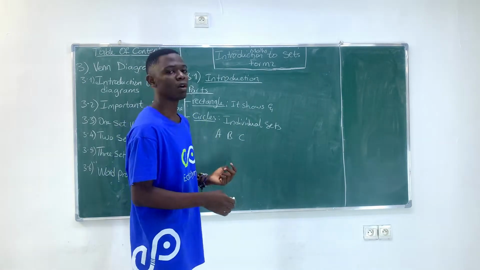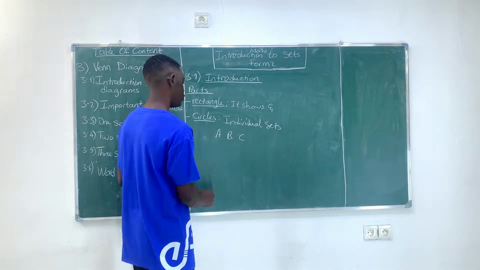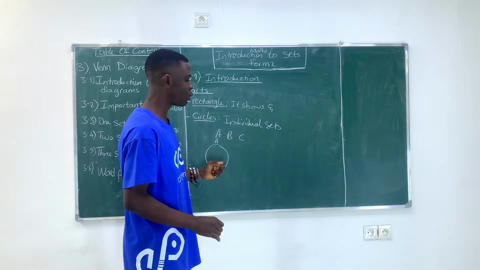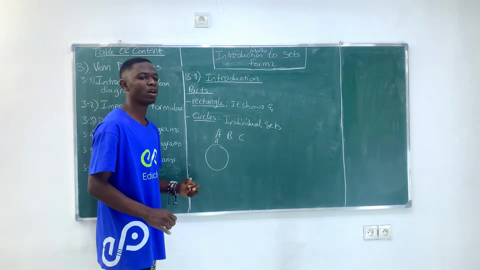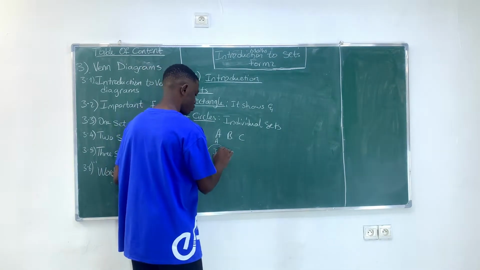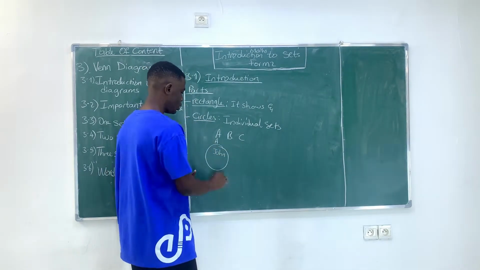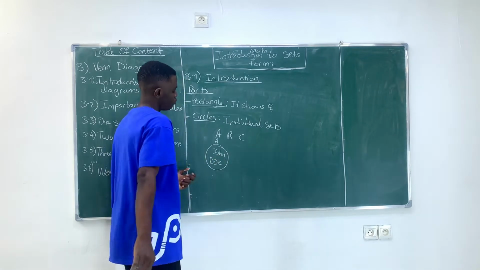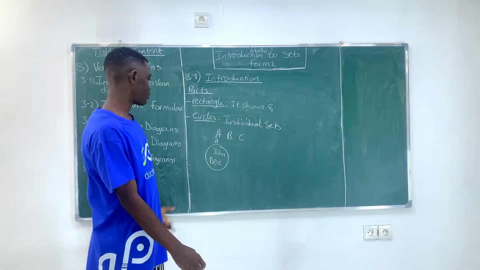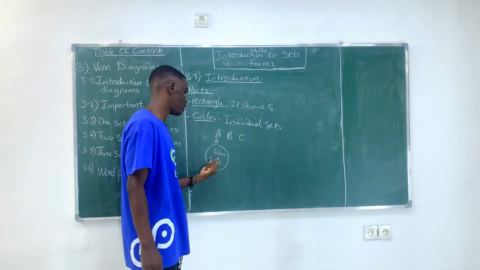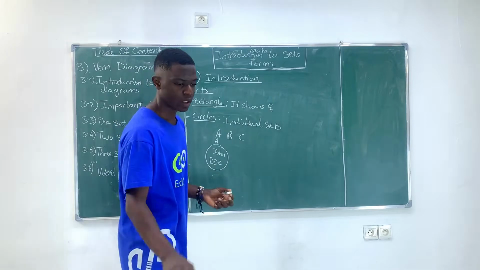So if you have a set A of people in form 2, you represent it as A, and then you write the number of people in form 2 here. Or if you don't have the number, you write the names of the people. It could be John Doe. Inside the circle, you write the elements of the set.